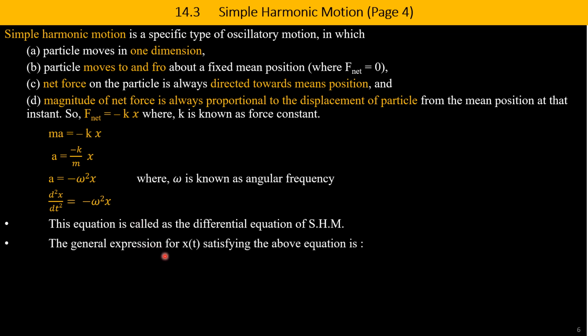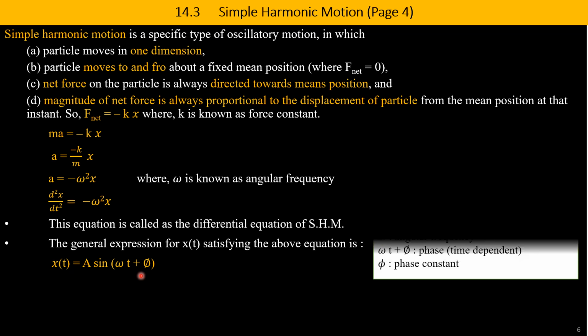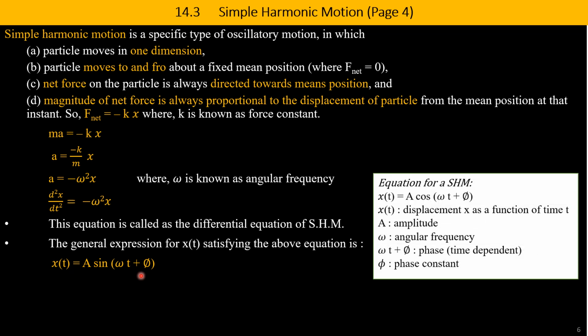The general expression for x of t satisfying the equation, that is d square x by dt square plus omega square x equal to 0, is x of t is equal to a sin omega t plus phi, where a is the amplitude. So the details about this equation are given in the insert box.